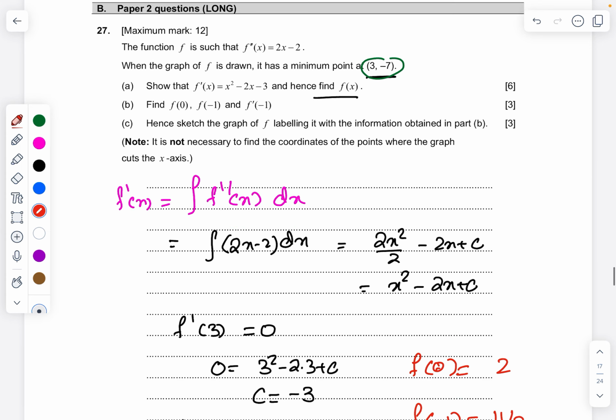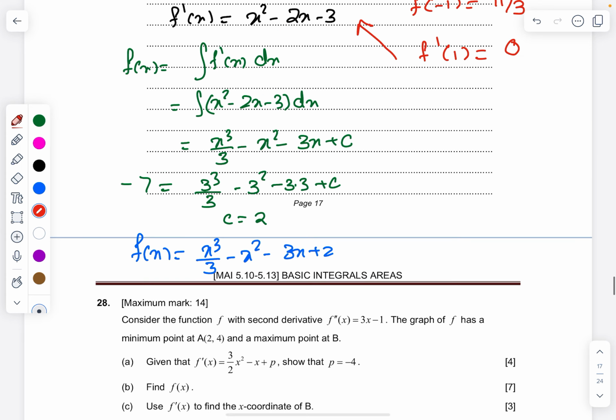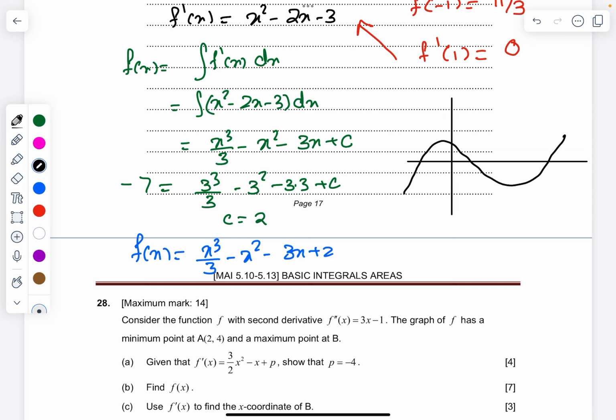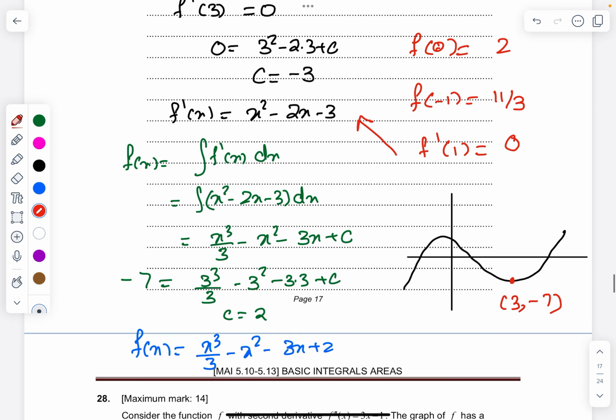Then hence sketch the graph, labeling it with the conditions in part B. So he's asking us to sketch the graph. We came to know the minimum point was (3, negative 7) and f of 0 was 2.